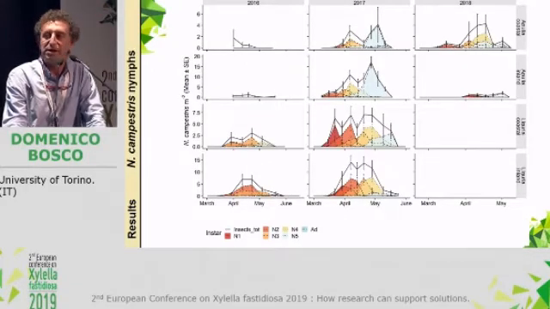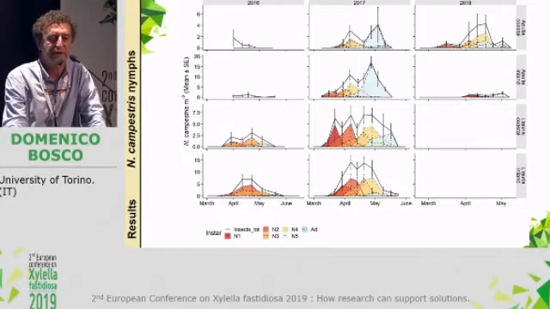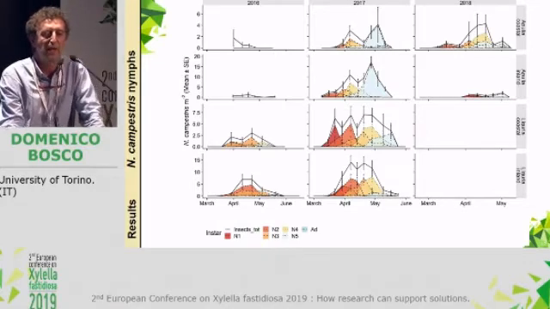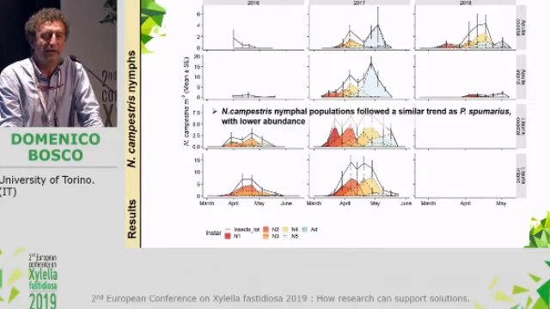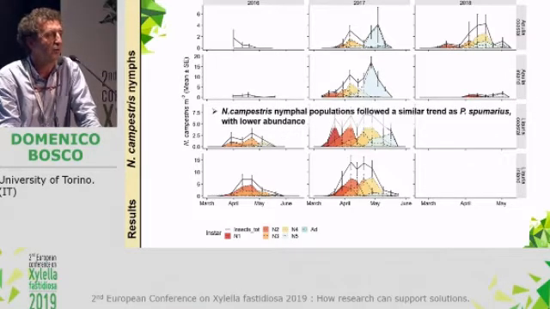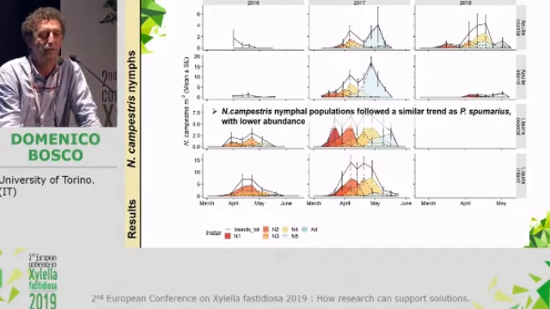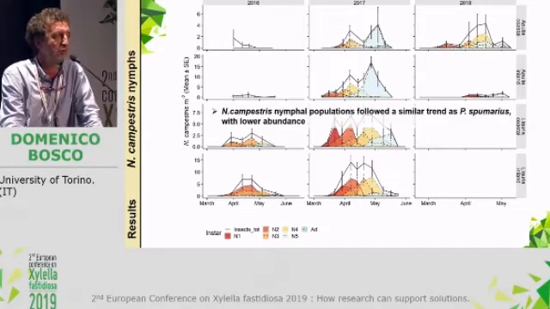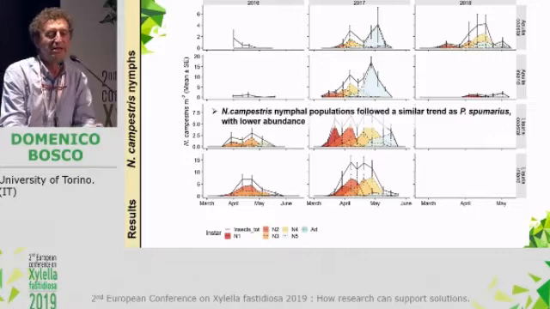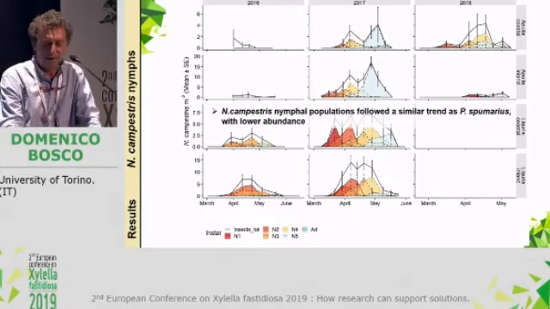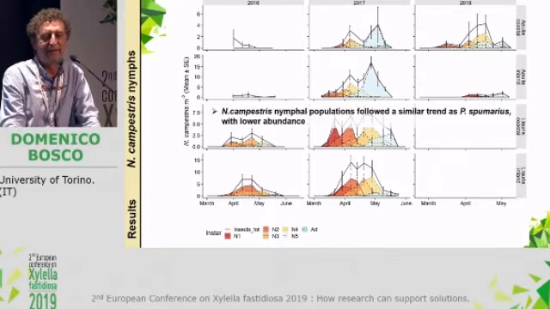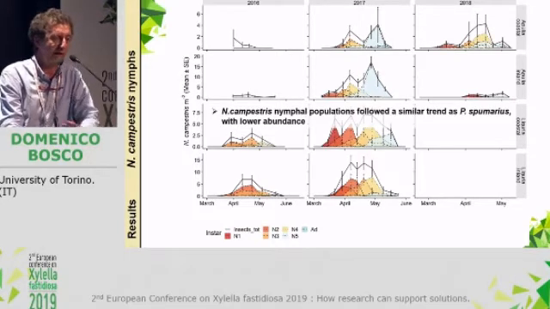As for the other species, Neophilaenus campestris nymphs, this is the representation of the stage-structured population of the nymphs of this species that was found both in Apulian and in Ligurian olive groves. We can say that the nymphal population follows a very similar trend to that of the nymphs of Philaenus spumarius, although with a lower abundance. The development is a bit delayed compared to that of Philaenus spumarius, but they really overlap.